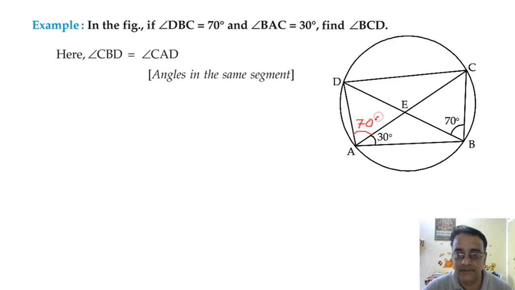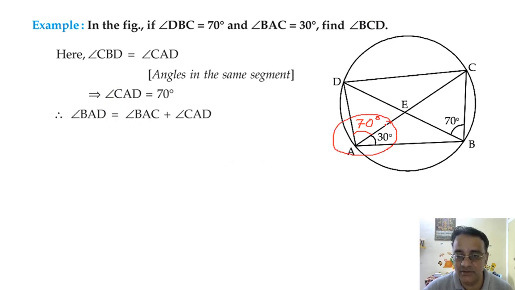So this angle is equal to 70 degrees. So angle CAD is equal to 70 degrees, and the sum of these two angles is 180 degrees, so this is 100 degrees. Any doubt here? No, sir.